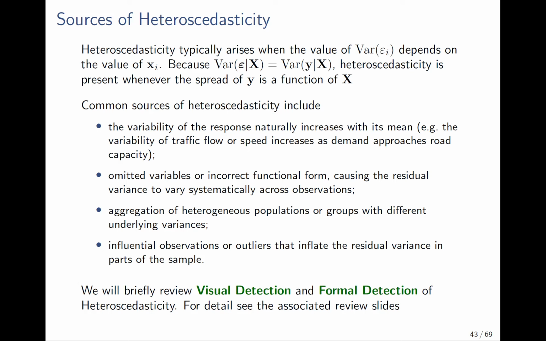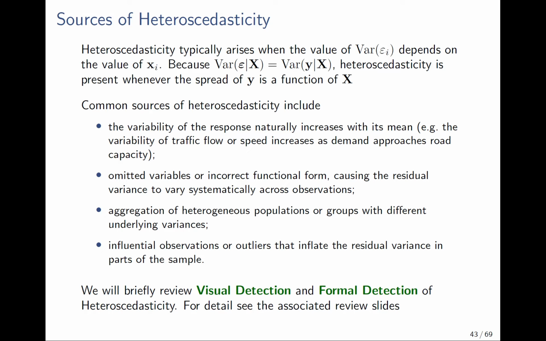Third, aggregation of heterogeneous populations or groups with different underlying variances. And fourth, influential observations or outliers that inflate residual variance in parts of the sample. These are all potential sources of heteroscedasticity.